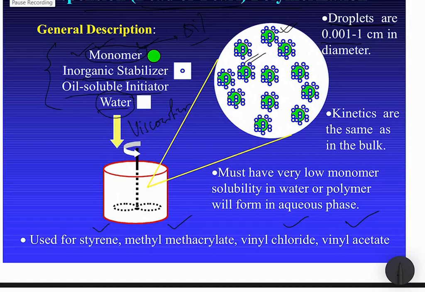A viscosifier is a component which can increase the viscosity of water, and once the viscosity of water is increased, you can resist the precipitation after polymerization. The polymer will remain suspended in the medium, which you can call a polymer latex.